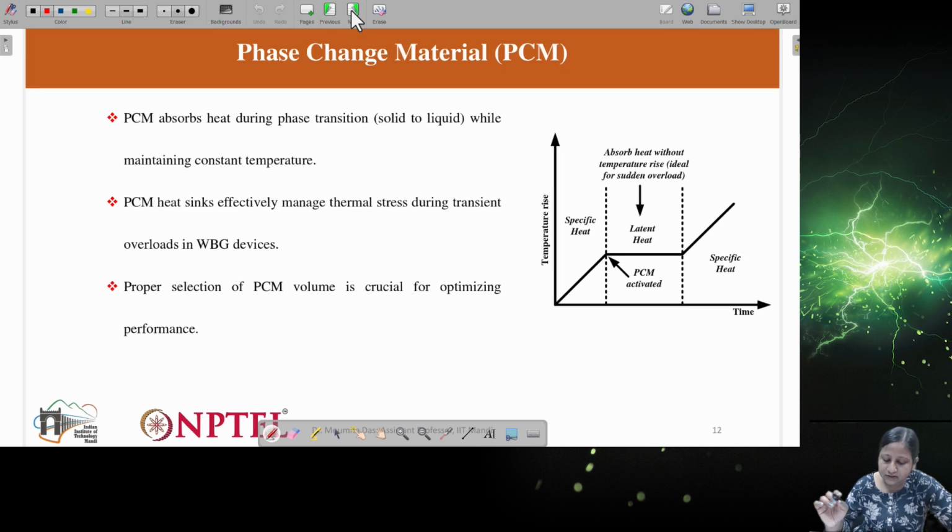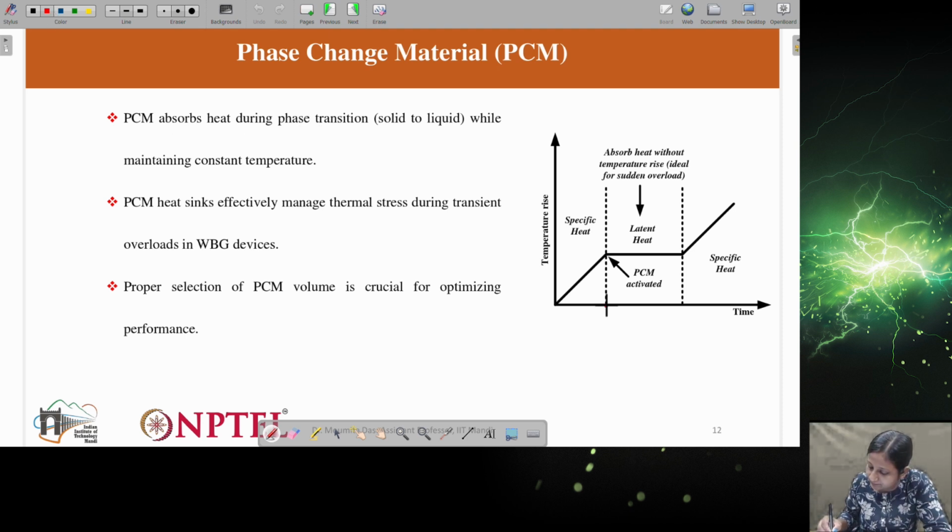So basically this phase change material is some material which has the property to absorb heat during the phase transition. So you can see here this phase transition. Whenever that phase transition is happening, so then what will happen?